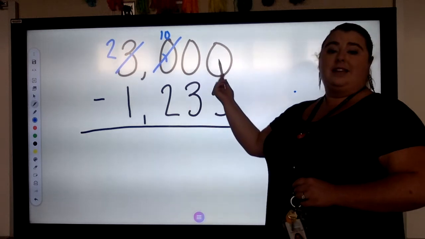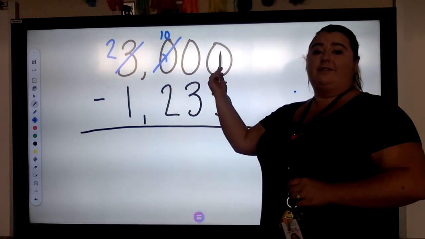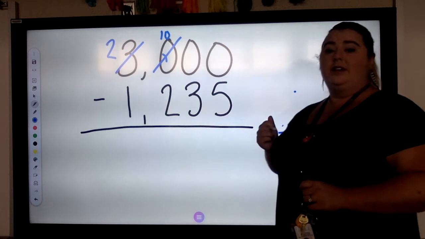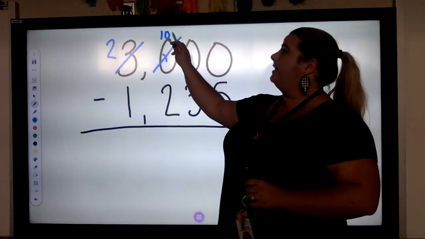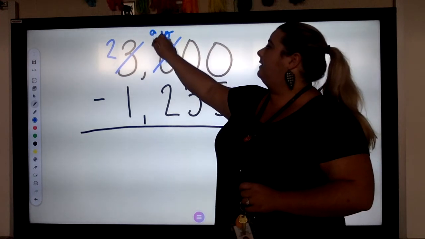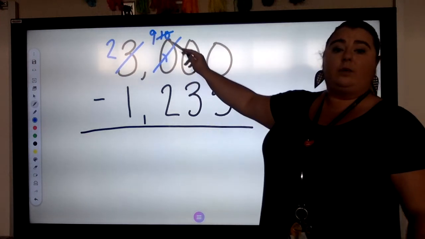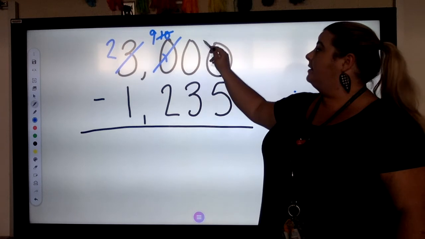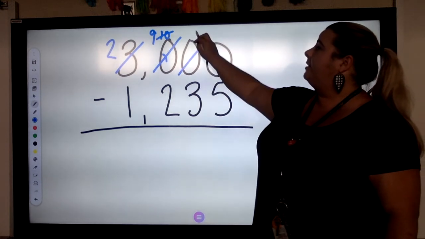Okay, notice I still don't have anything of value in these place values. So I'm going to have to take 1 away from this 10, and it now becomes a 9. When I took that 1 away from the 10, I have to give that 1 to this 0, which now becomes a 10.